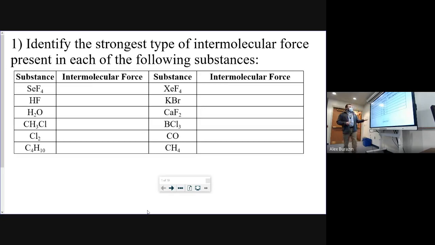So, without further ado, identify the strongest type of intermolecular force in each of the following. Now, what are the three types of intermolecular forces we discussed way back in the fall? Hydrogen bond.